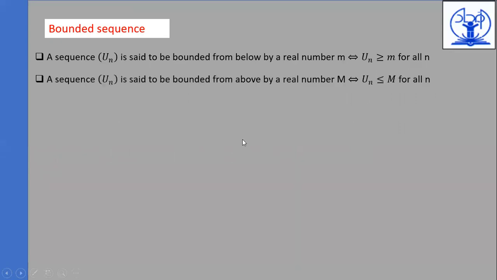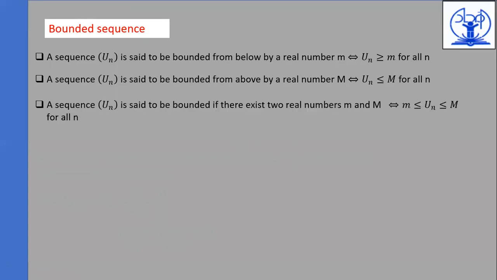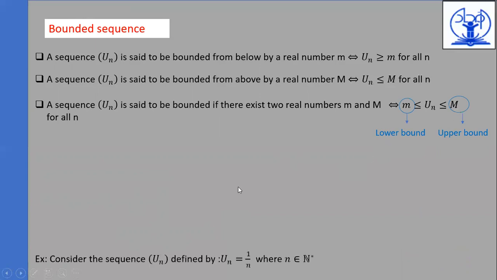A sequence un is said to be bounded from above, or simply bounded above, by a real number capital M if all the terms are less than or equal to this real number M, not infinity, a real number M. In general, a sequence un is said to be bounded if there exist two real numbers, small m and capital M, where all the terms un are found between this m and that capital M. This small m is called the lower bound of the sequence. This capital M is called the upper bound.